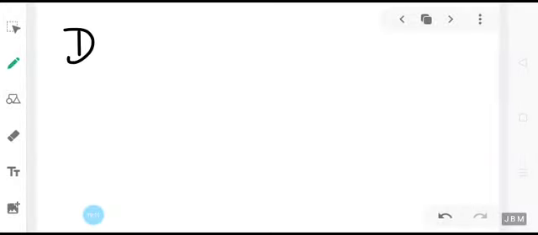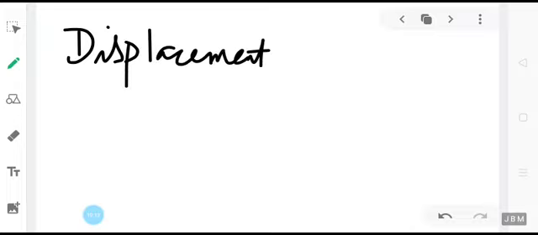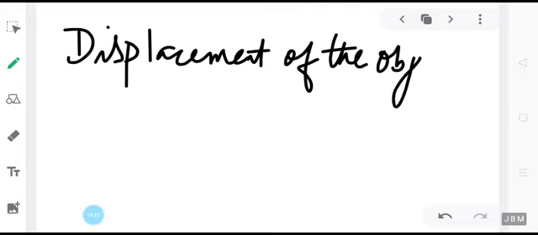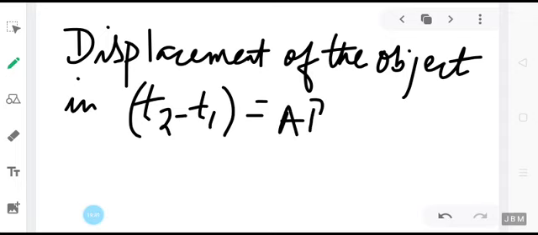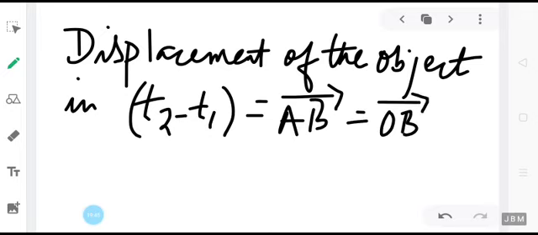Then we can write down the displacement of the object in time interval t2 minus t1 equal to AB vector, and that will be equal to OB minus OA.